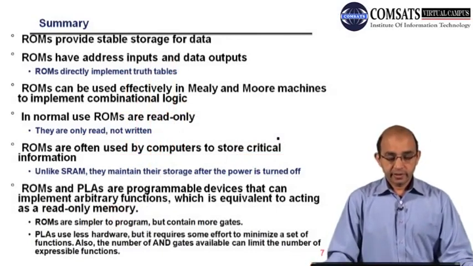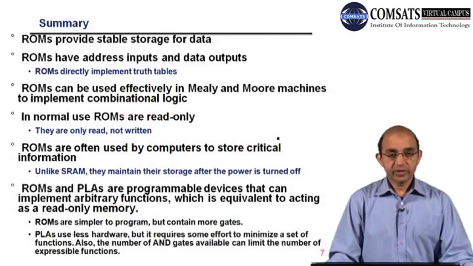So that's the summary for ROM, because in the last lecture we started ROMs, and now we are finishing it up. They provide stable storage for data, and for ROMs we need two elements basically.